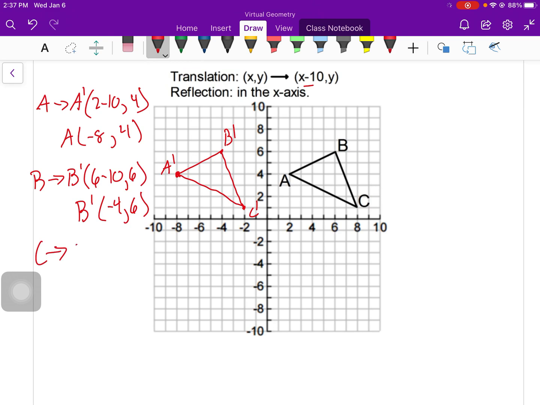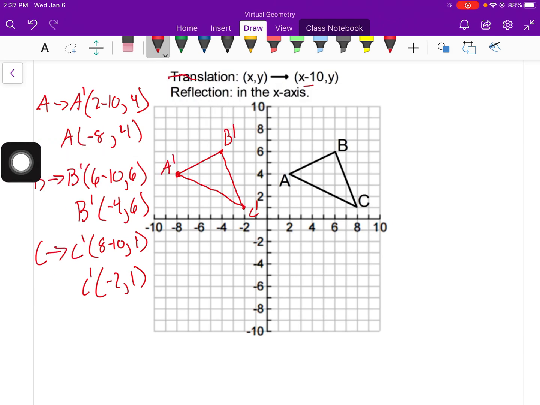And then C would go to C prime, 8 minus 10, and then 1 becomes (-2, 1). All right, after you do that first transformation, cross it off. I don't want you to accidentally do it twice. I've seen that happen way too many times.